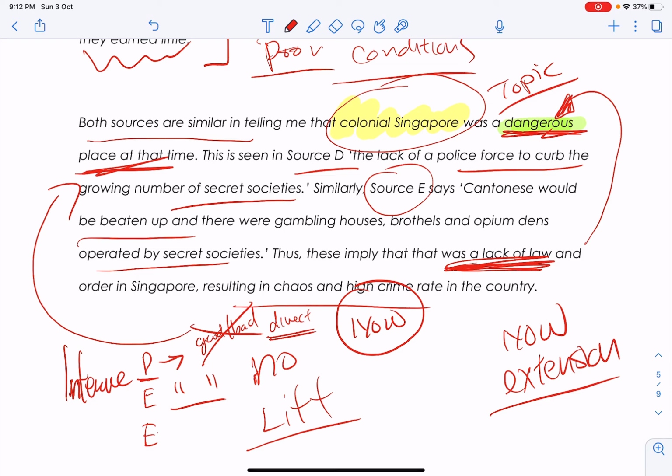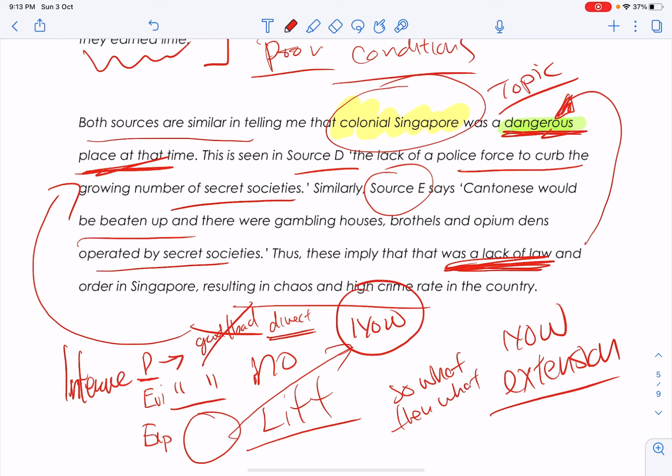But when you explain, finally when you explain, your explanation, please again in your own words, and then make extensions by asking yourself, so what, so what, then what, or what are the implications for all your evidences? How does the evidence actually link to the point that you are trying to explain? That is what you're doing when you're explaining.